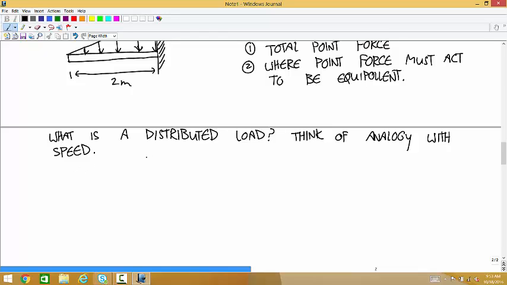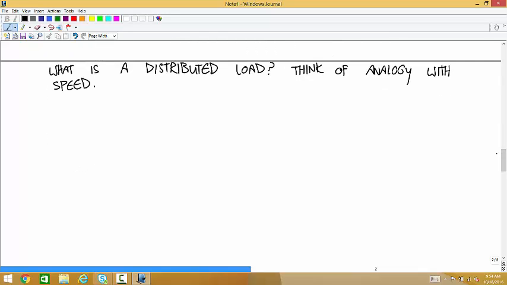So let me put together these two columns. And actually, let's change that to velocity.